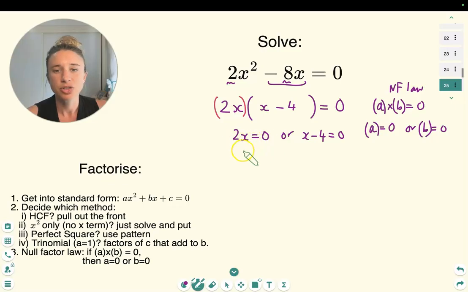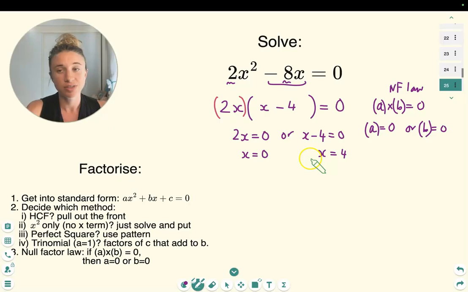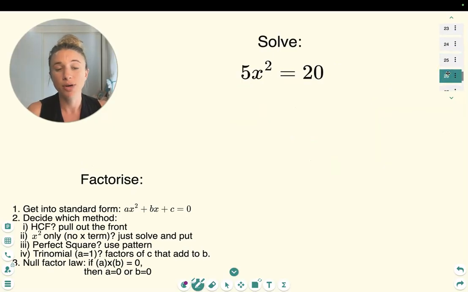If I divide by 2 on both sides, x is 0. If I need to get x on its own, I'm adding 4 to both sides, so x is 4. Those are our solutions. We're going to see later that solutions to quadratics are the x-intercepts. So it's important to be able to solve quadratics to find x-intercepts when we're plotting parabolas, but more on that later.